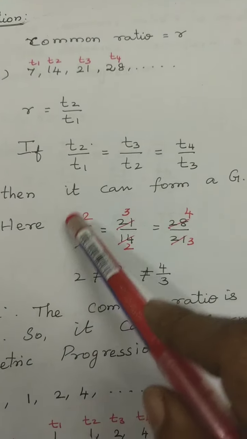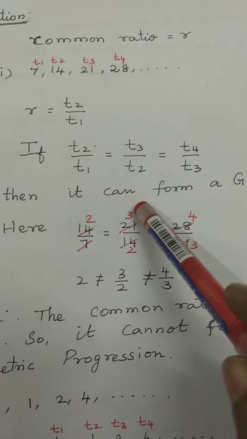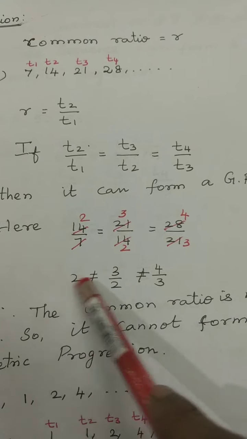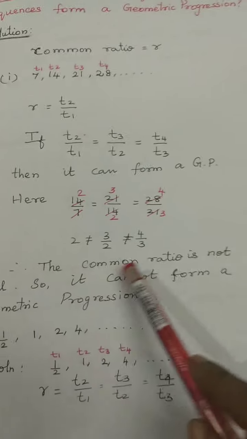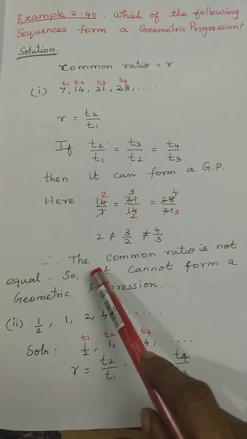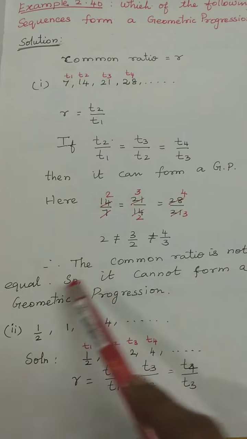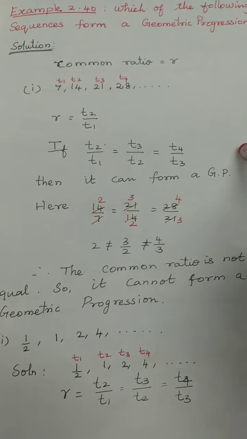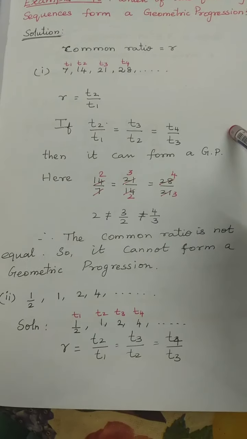And you cancel. The first one is 2. The second one is 3 by 2. Then third one is 4 by 3. These are not equal. The common ratio is not equal. So this sequence cannot form a geometric progression.